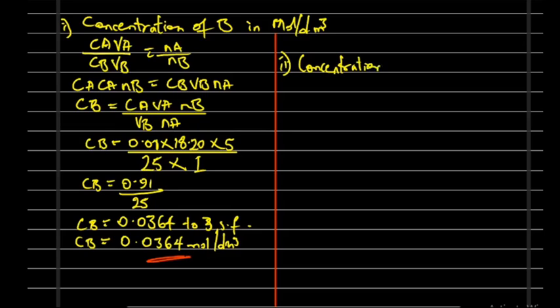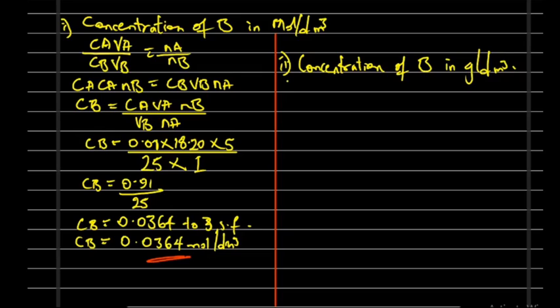When we want to do that, we're going to use the formula: mass concentration of B equals molar concentration of B in moles per dm cube multiplied by molar mass of B. That's the formula we're going to be using.